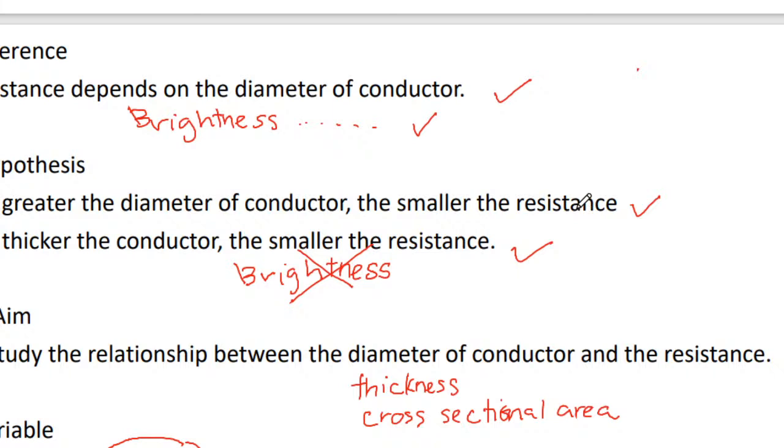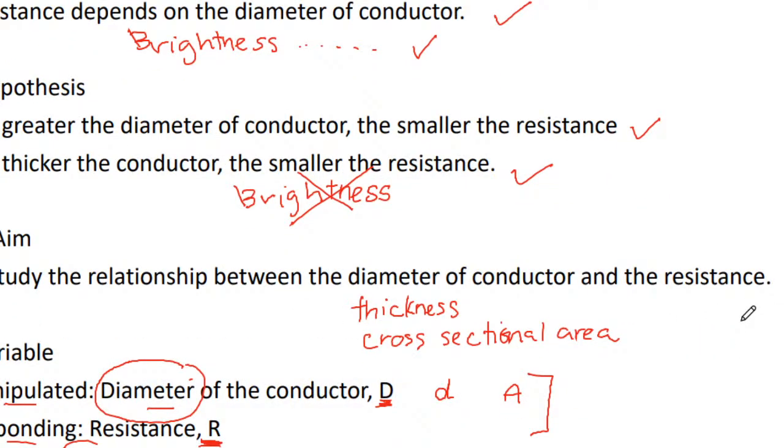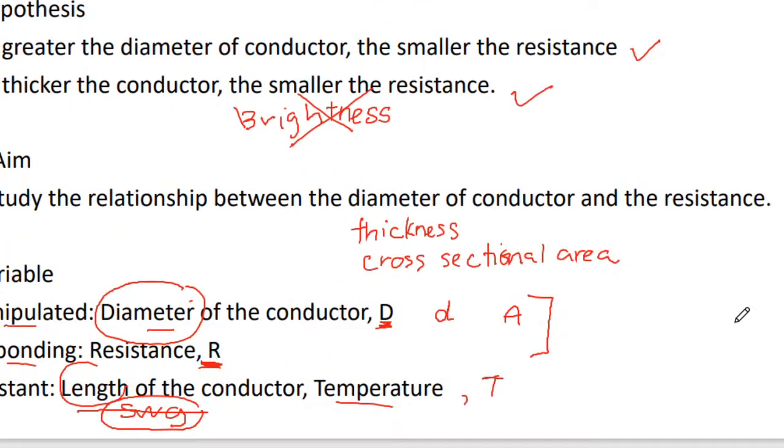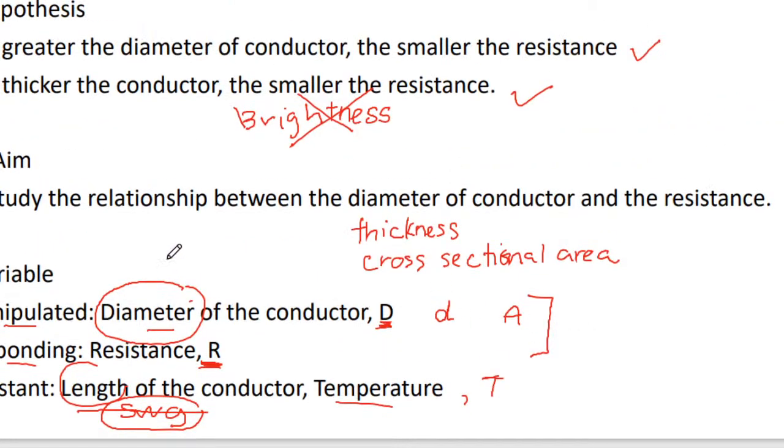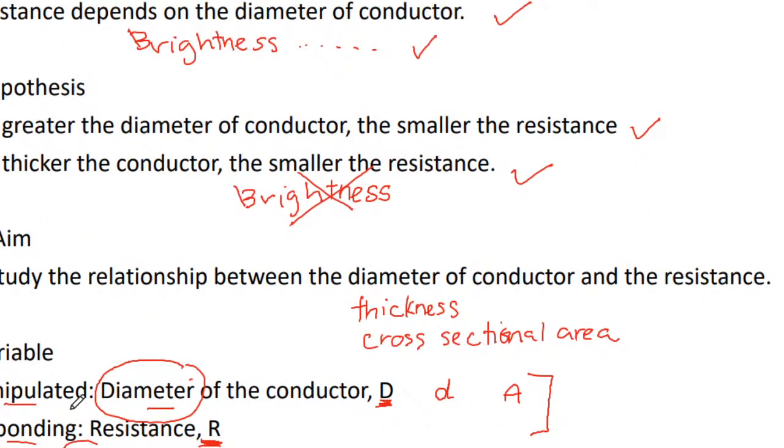Sometimes students don't realise this. Don't write about brightness. Good question. Any more questions? So from the hypothesis onward, we stick to resistance because this experiment is about factors affecting resistance.